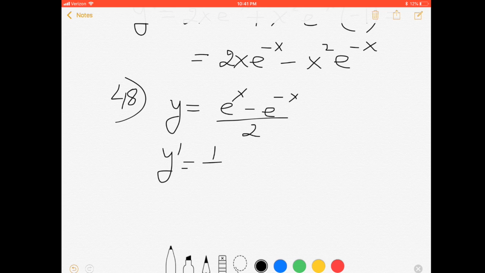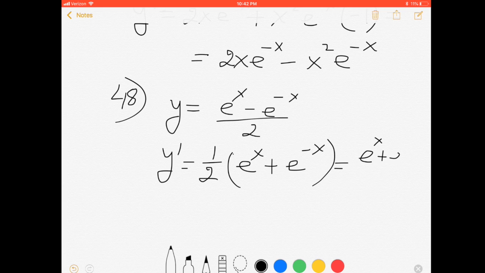Dividing by 2 means multiplying by 1/2. Here I need the derivative of e to the x, which is e to the x, and minus the derivative of e to the negative x, which is multiplied by -1. This means the sign changes. And here I have e to the x plus e to the minus x, over 2.